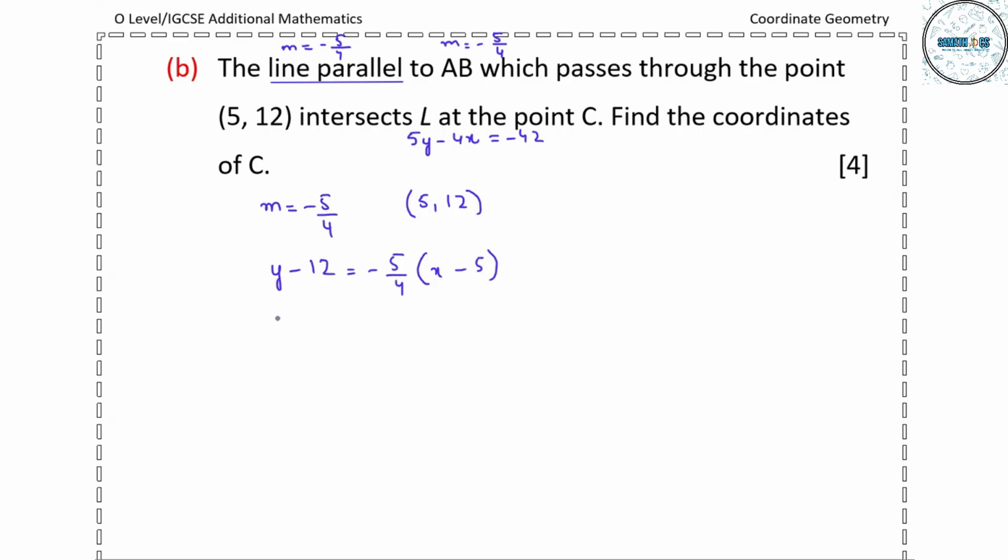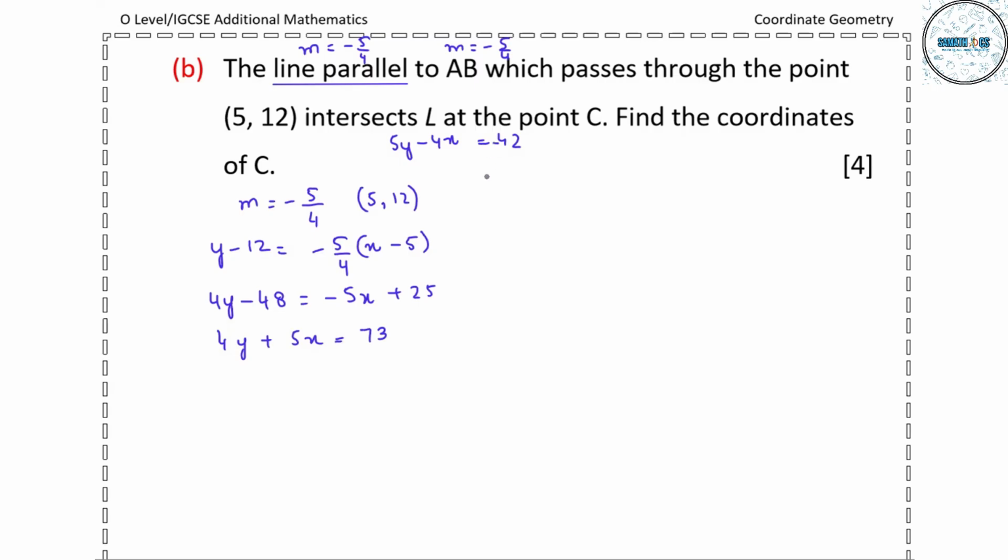We will do cross multiplication. 4y minus 48 is equal to minus 5x plus 25. 4y plus 5x is equal to 25 plus 48, which is 73.